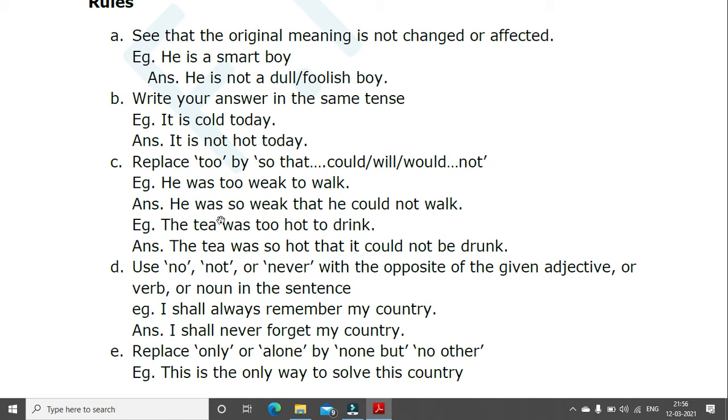So he was, so you have to remove too. So weak that he could not walk. Here he could not walk, not that he did not want to walk. Even though he wanted to walk, he could not walk.